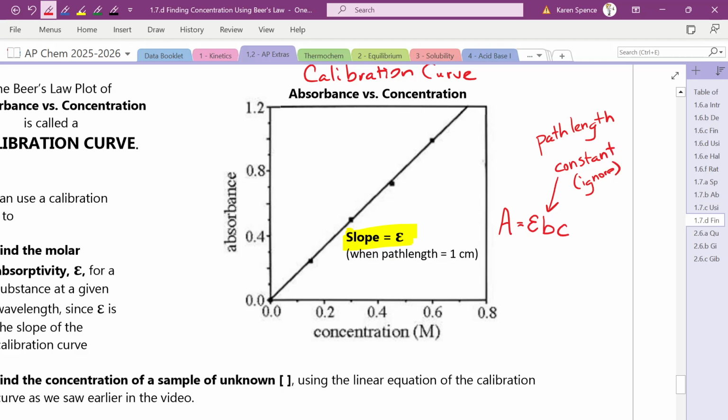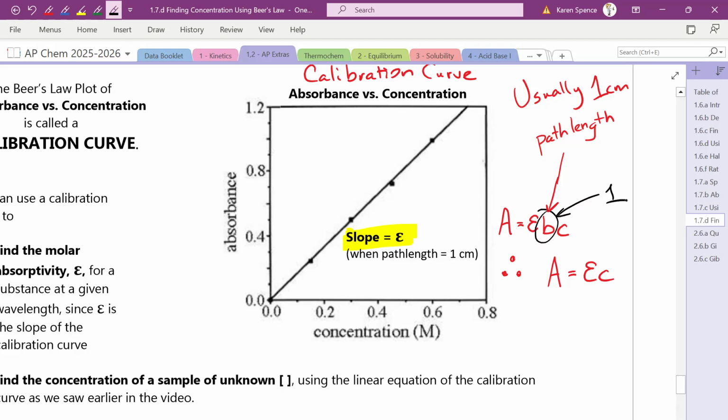And usually it's 1. Usually the path length is 1 centimeter. So therefore, we can just say A is equal to epsilon C, because this is 1.